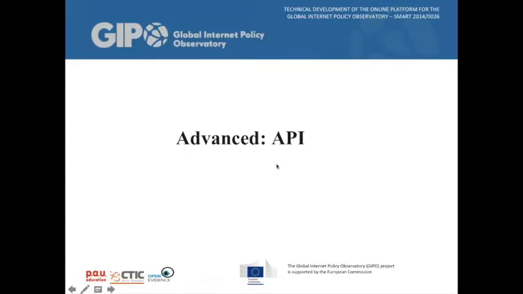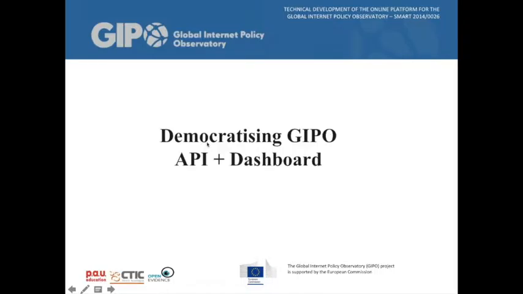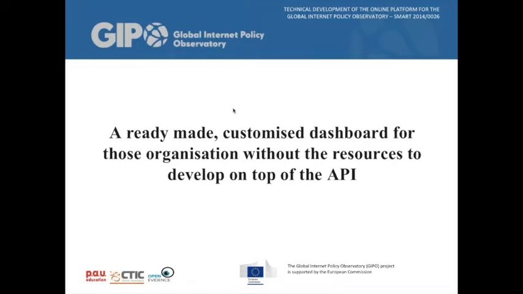And the second option, more advanced, is the use of API, which means that the JIPO Observatory Tool is fully customized to the individual website, and that needs a little bit more explanation or developer skills. And we call it democratizing JIPO, where we have an API plus a dashboard. David, at the very beginning of today's webinar, told you about one of the examples, and I'm going to show it to you.